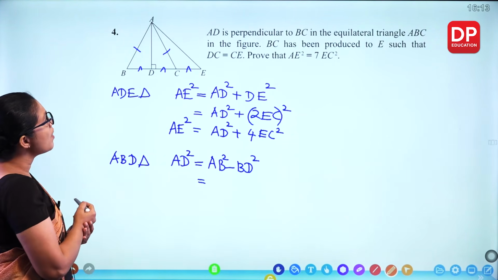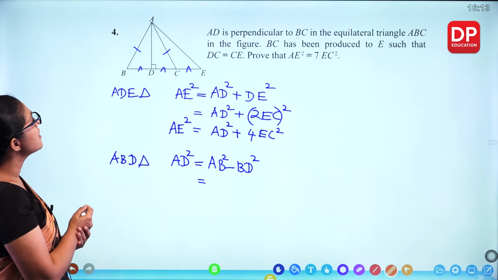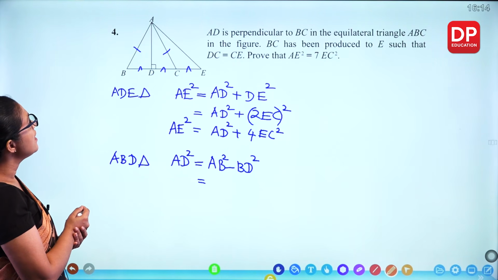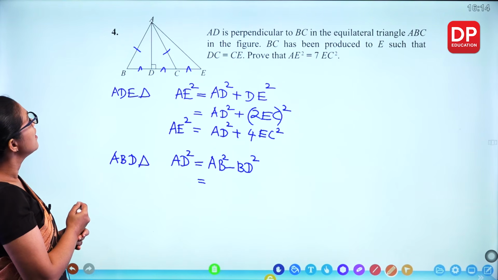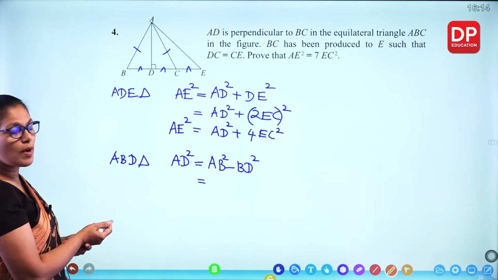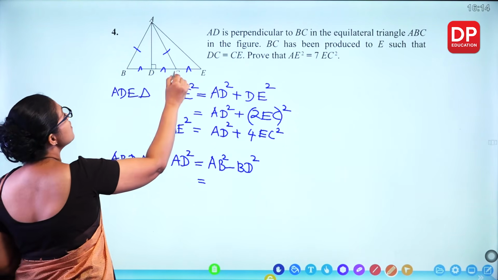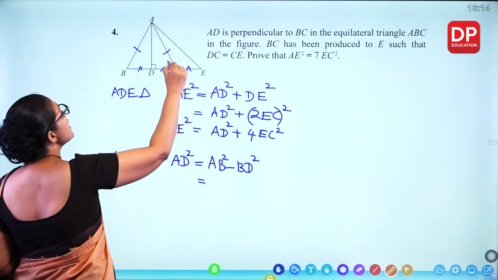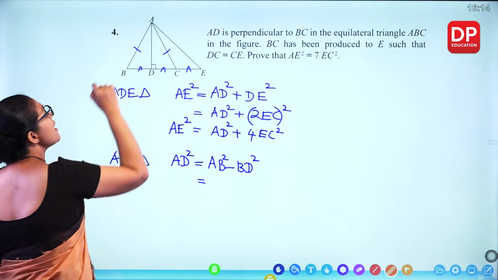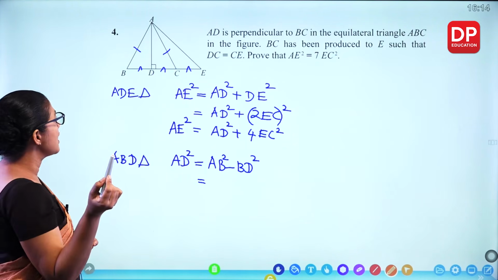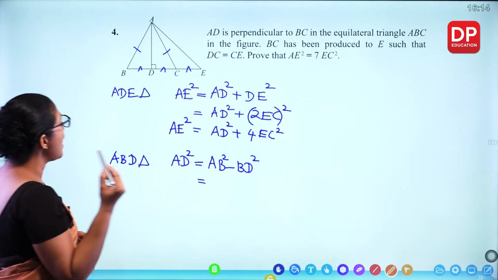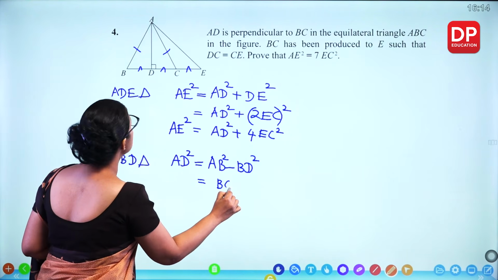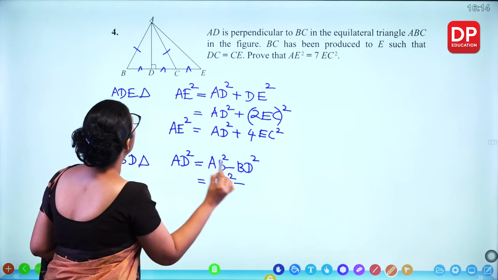So AB squared, how can I write? Because AB and BC, these two lengths are equal, that's an equilateral triangle. Instead of AB, I can write BC squared.